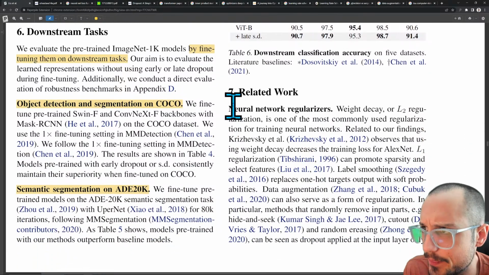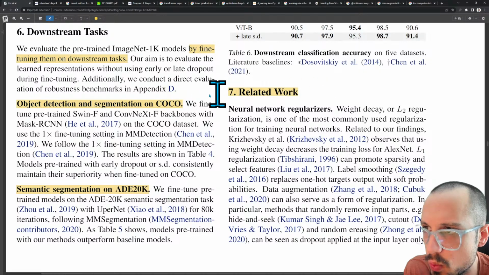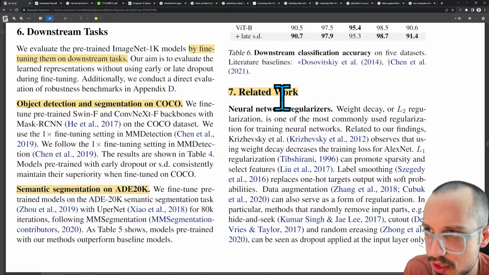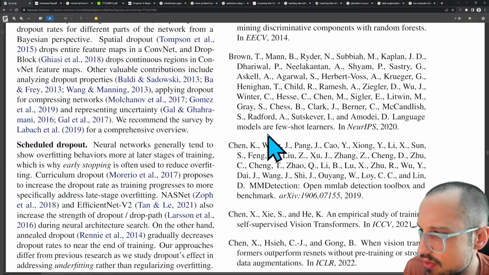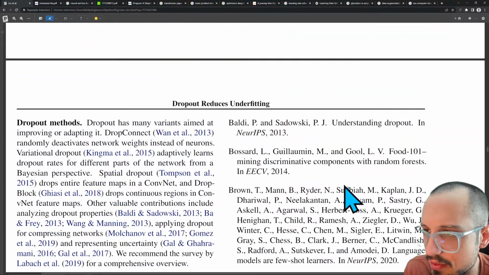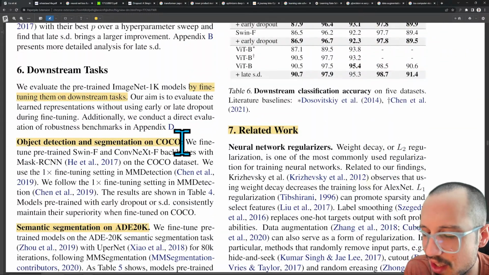Related work. Okay, so this is interesting. I've seen this a couple times now, but basically related work, sometimes this section in most papers is right after the introduction, but I keep seeing this over and over again in more recent papers where they just kind of stuff the related work at the end, which is fine because usually the related work is kind of not super readable.